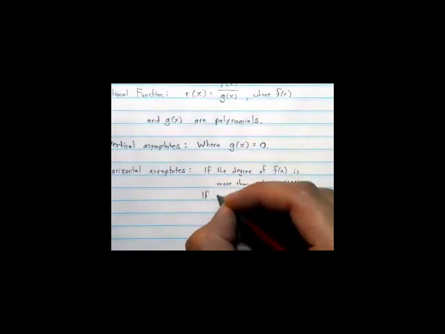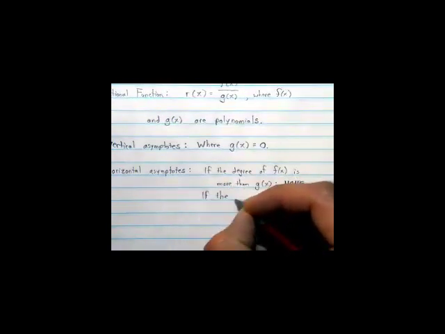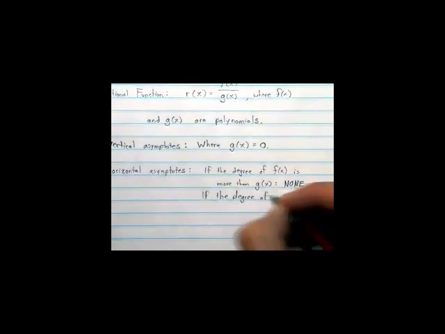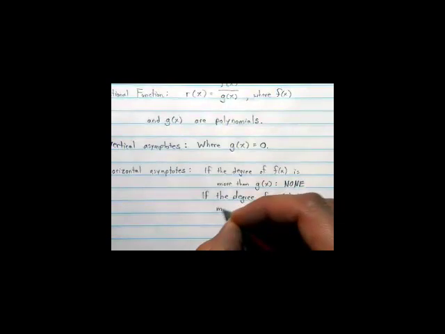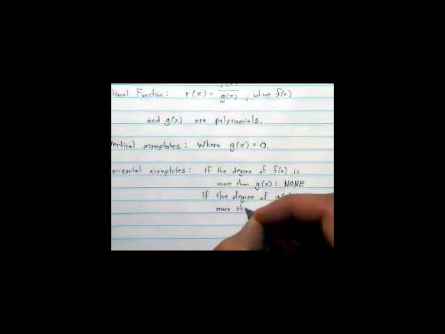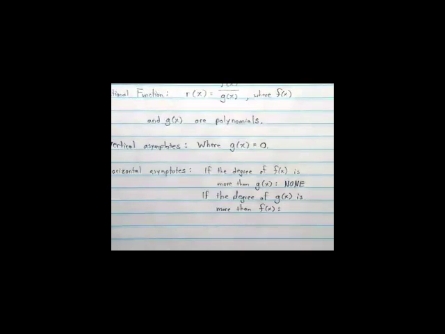So if it's the other way around, if the degree of g of x is more than f of x, so now we've got the denominator getting way bigger than the numerator.